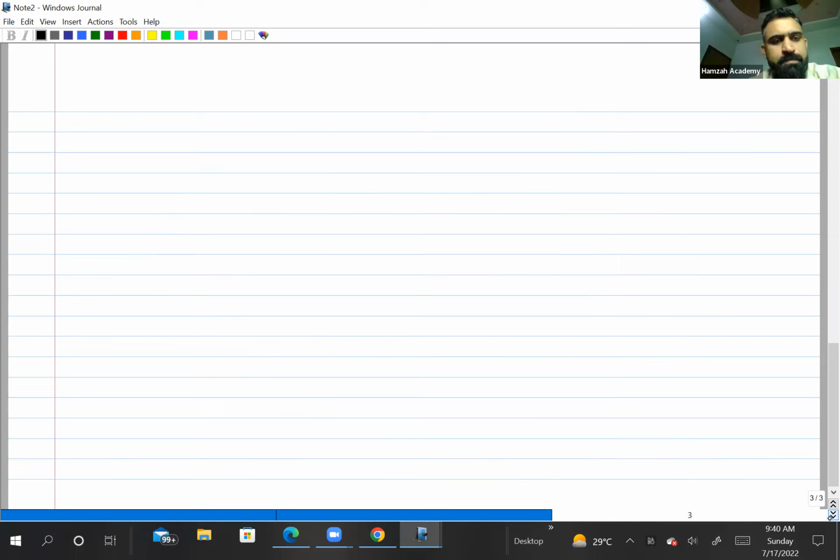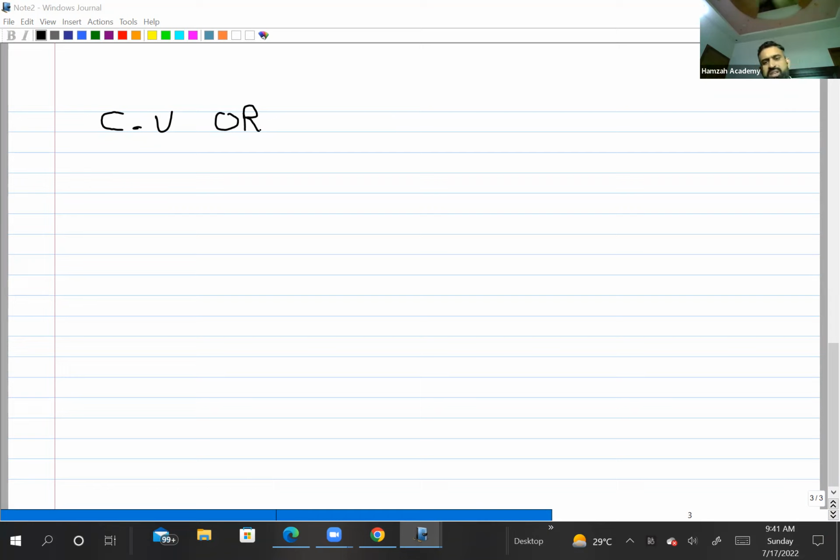Now, some other definitions which we need to discuss before we further move into IAS 16. Carrying value. Okay, non-bearer plant.